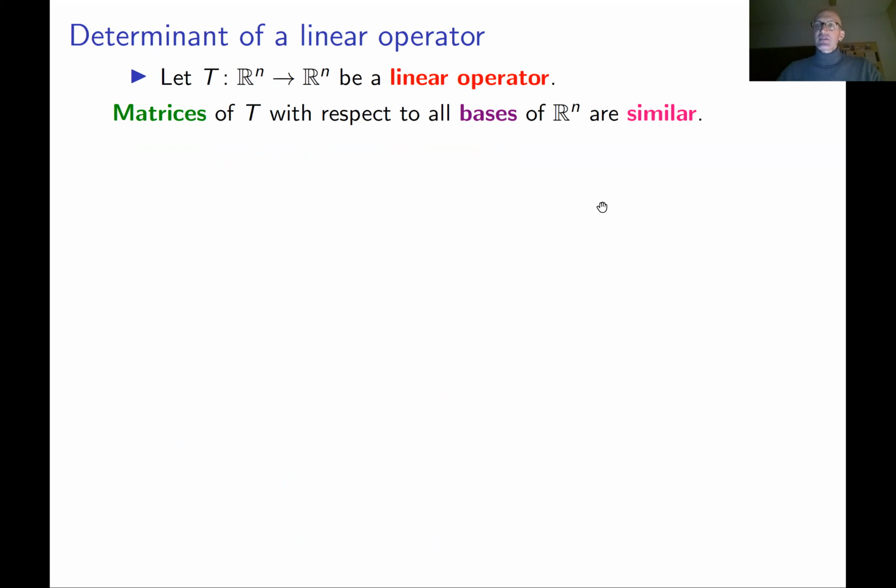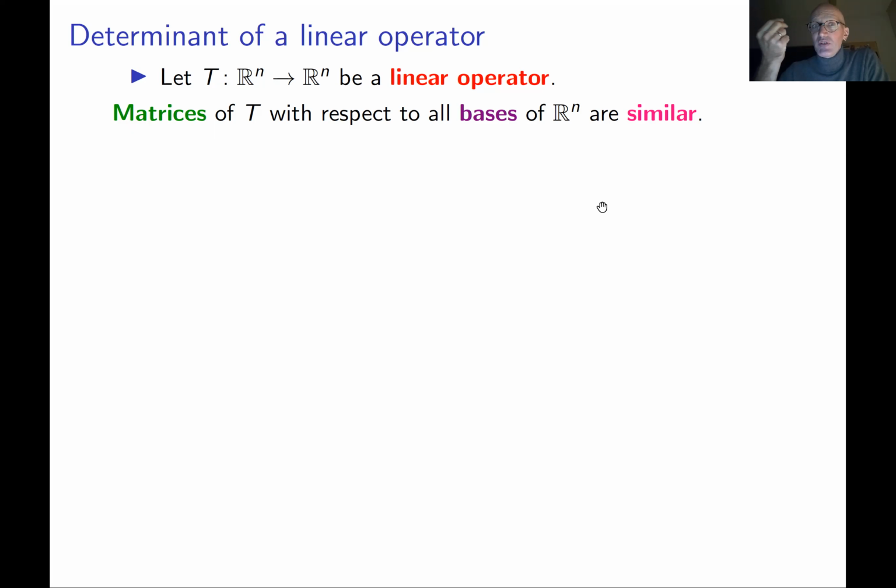Now we do this with determinants. How? We already know that matrices of a linear operator with respect to all possible bases of an n-dimensional space are similar. And we also know that similar matrices have the same determinant.